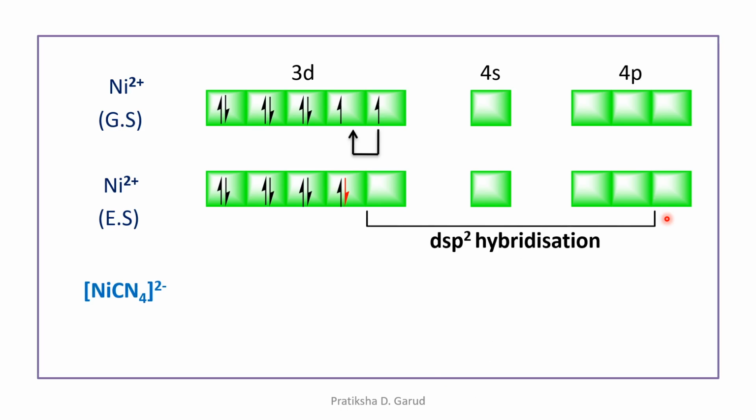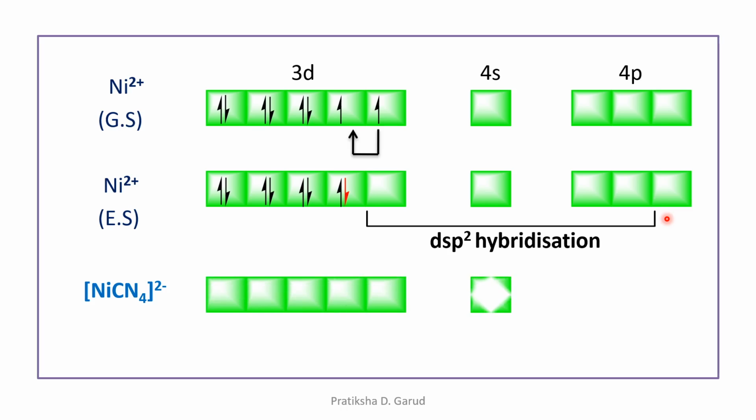Then the complex, that is the [Ni(CN)4]2-. So in the complex again we are having the 3d atomic orbital, then the 4s atomic orbital and the 4p atomic orbital. In the 3d we are having the first electron, second electron, third electron, fourth electron, right? And then again the fifth one paired, sixth one paired, seventh one paired and the eighth one paired.